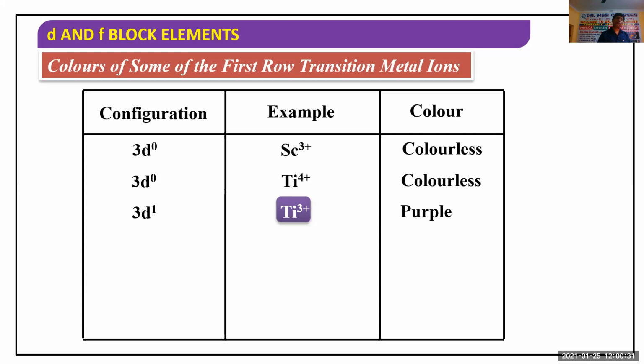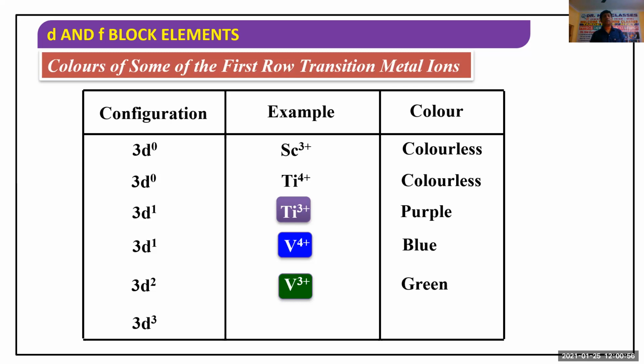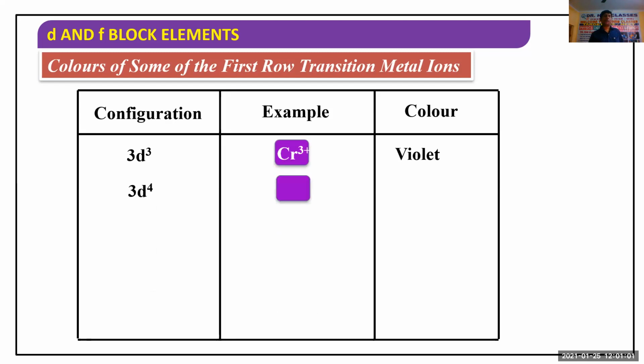For d1, since there is one electron, titanium 3 plus has a 3d1 electron, so it is a colored compound that forms purple color. d1, vanadium 4 plus is blue. d2, vanadium 3 plus is green. Like this, there are so many colors.